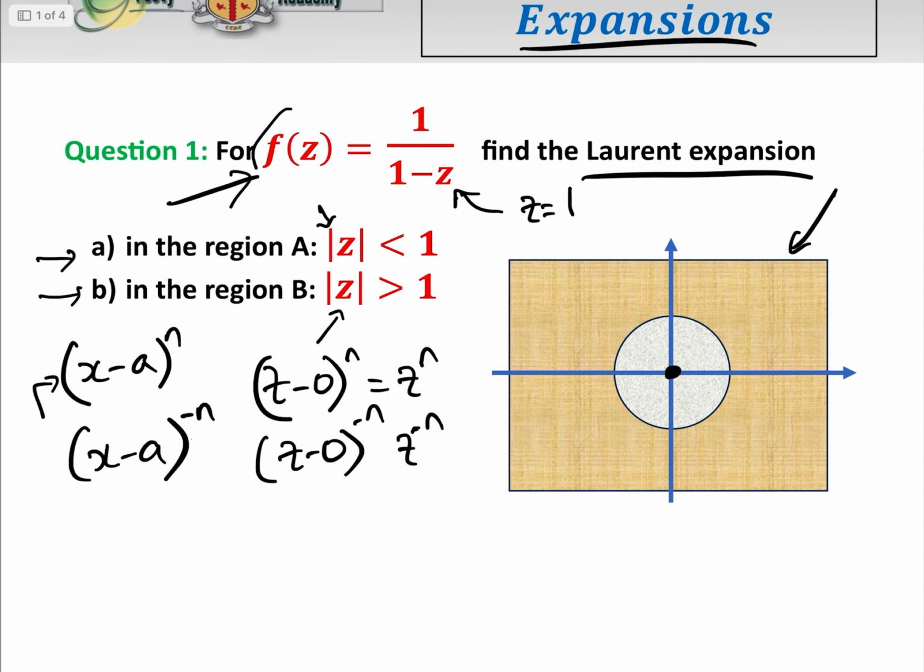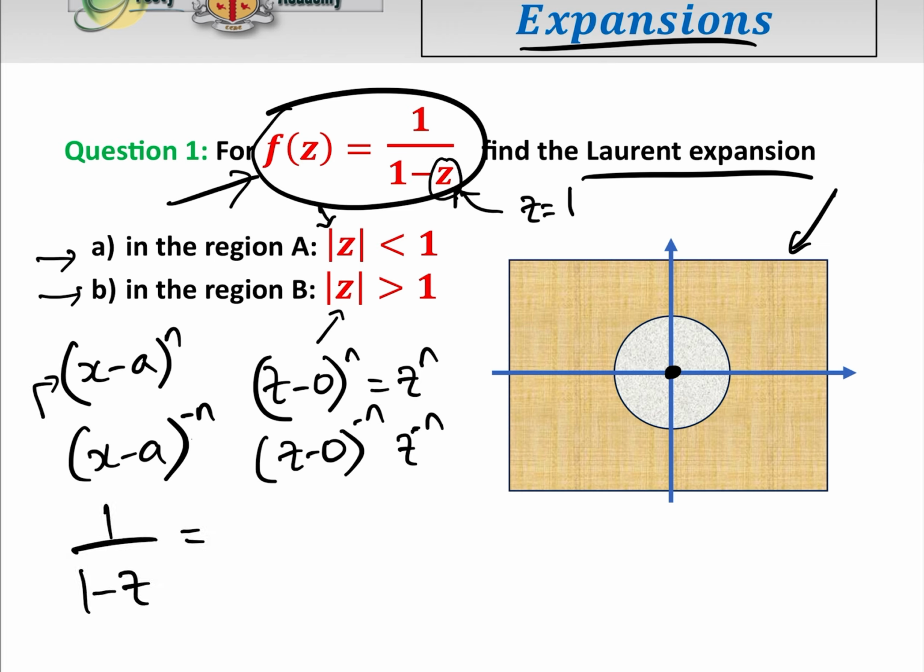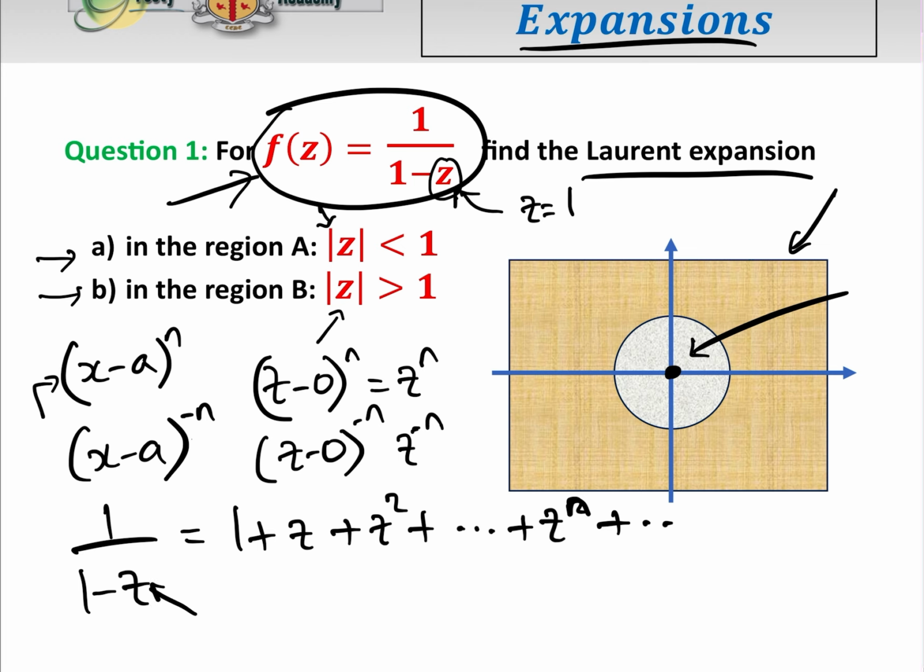Now, the first one, f of z equals 1 over 1 minus z in the region mod z is less than 1. Okay, well, in the region mod z less than 1, it's a very simple one. 1 over 1 minus z is just the geometric series: 1 add z add z squared, up to z to the n, and so on, which we know converges because we are told that in this region the modulus of z is less than 1.